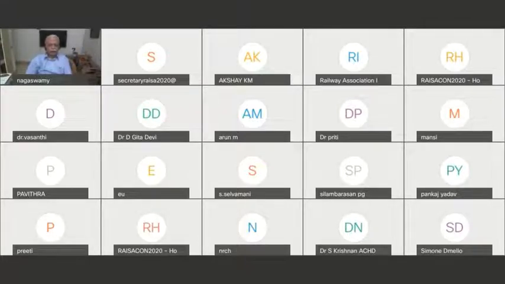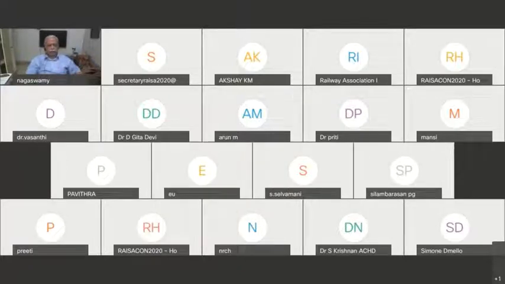Which structure forms the cone, to call it a cone? Extraocular muscles. The four extraocular muscles: superior, lateral, medial, and inferior oblique muscles. Okay, these four muscles only form the cone. They are attached anteriorly to the sclera behind the cornea, and posteriorly they all join together to form a tendon and get attached to the bone.